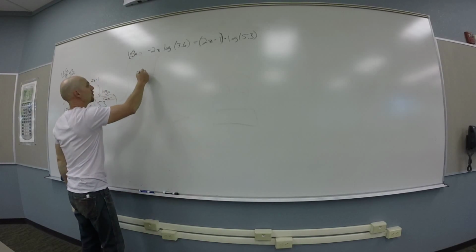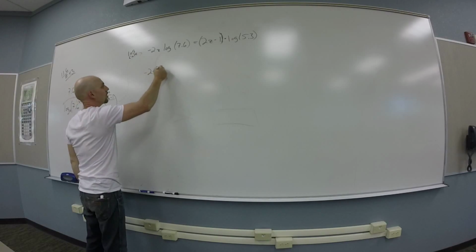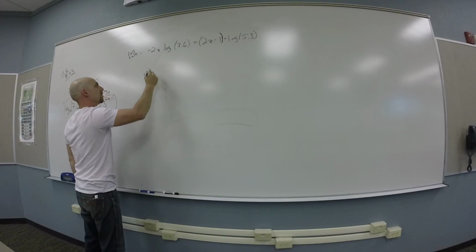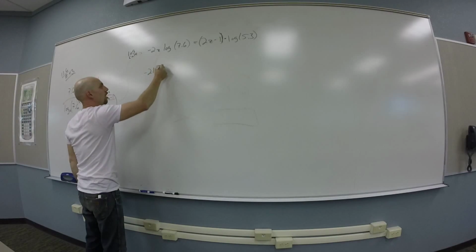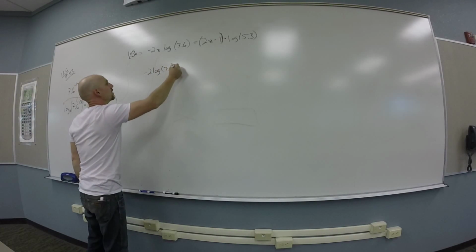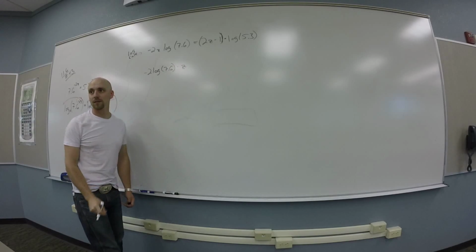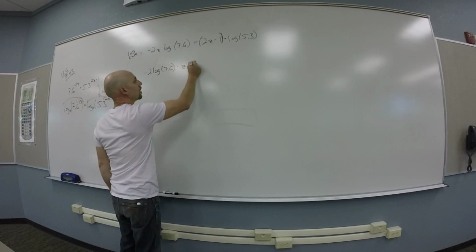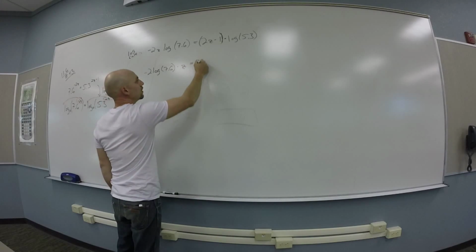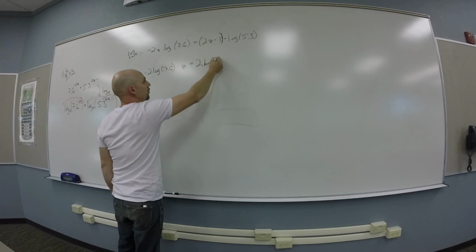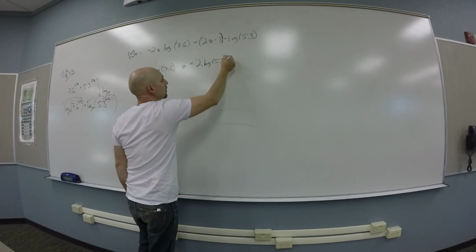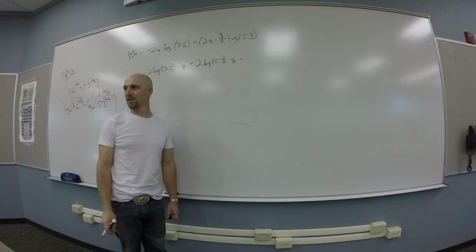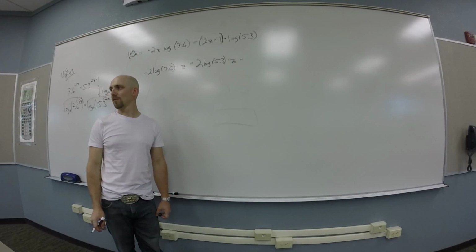So I've got minus 2z log of 7.6. Maybe if I rearrange this a little bit: minus 2 log of 7.6 times z, right? Because all that junk's just a number. And on the other side, I've got 2 log of 5.3 times z minus log 5.3.